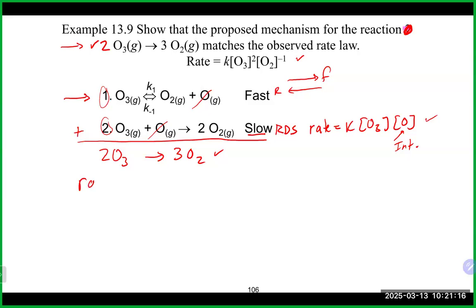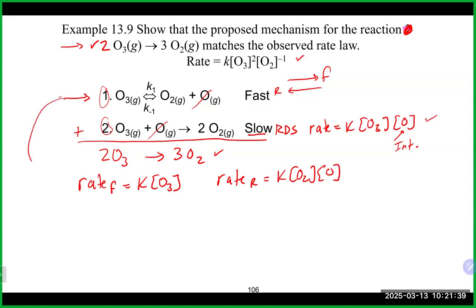If we write the rate law for the first step for the forward direction, reactants to products, that would be k times the O3. If we write it for the reverse direction, the products are basically our reactants, so we would have the rate equal to k times O2 times O. First off, any questions on that? Both of these rate laws come from the first step.